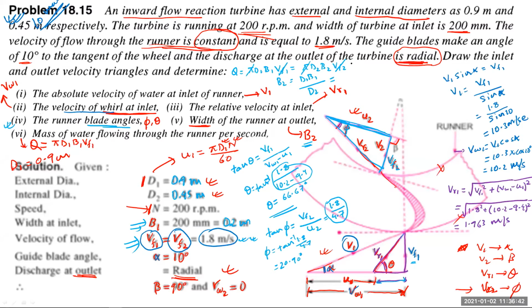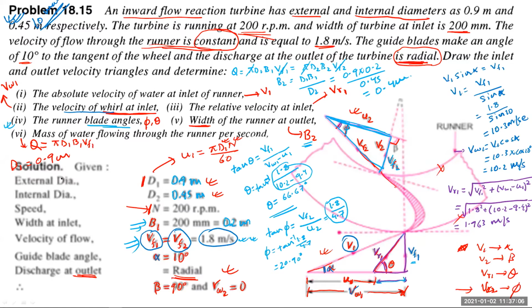D1 is 0.9 into B1, 0.2, divided by D2, 0.45. Do the calculation. The answer is 0.4 meter. So this is how you can calculate your numericals.